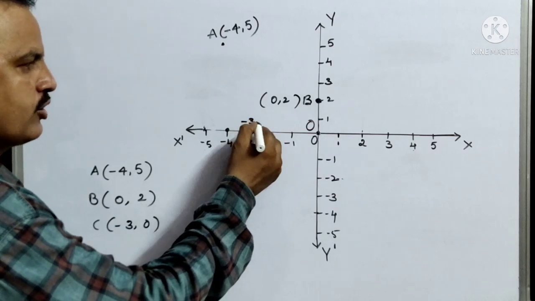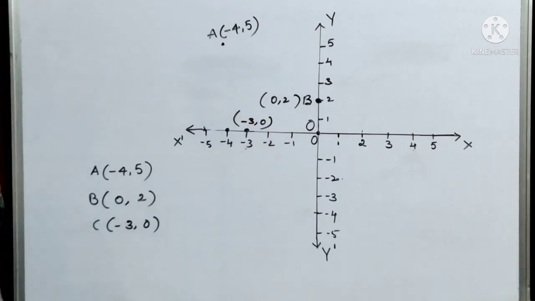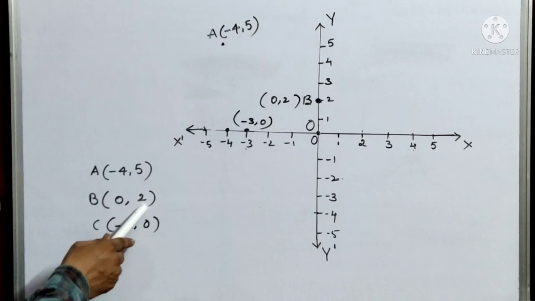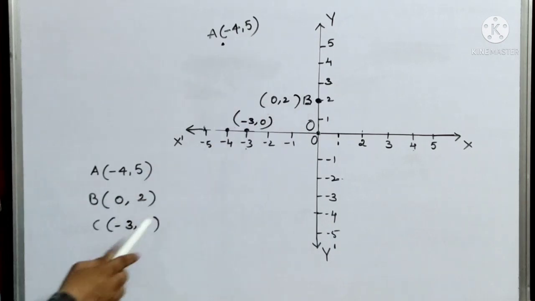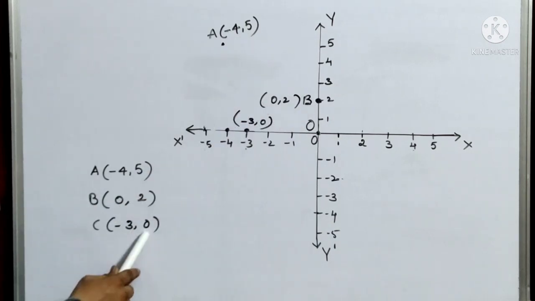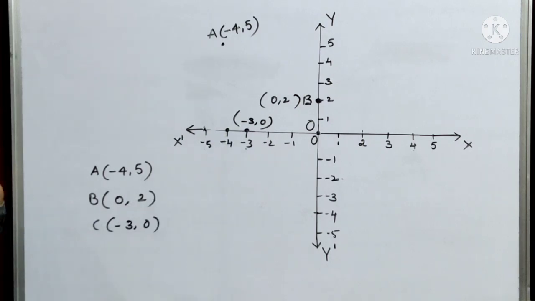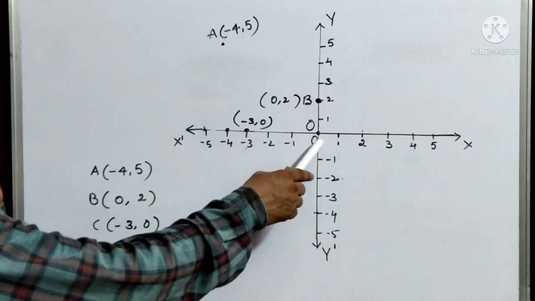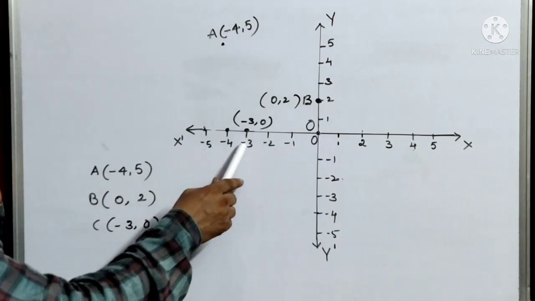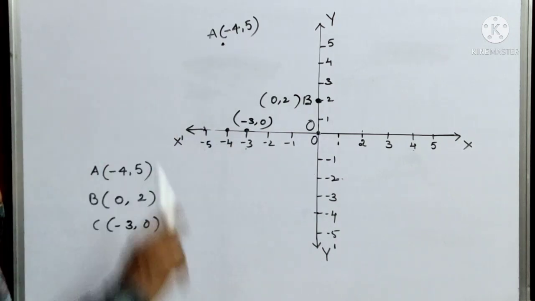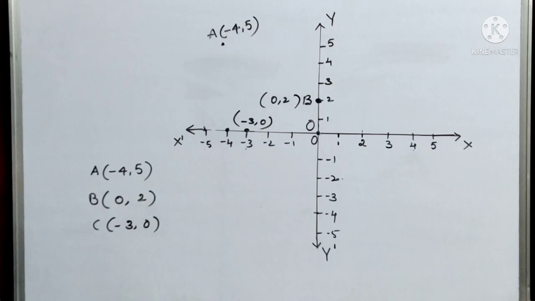That is (minus 3, 0). See what is the difference between this and these two, B and C. (0, 2) lies on the y axis, whereas here the y coordinate is 0, which means it lies on the x axis. Is it clear now? If anyone writes something else here, that is absolutely wrong. So (minus 3, 0) lies on the x axis only. Is it clear? Understood, children?